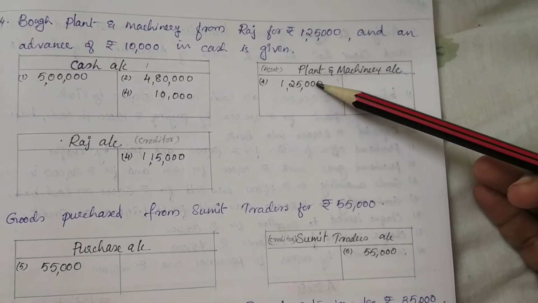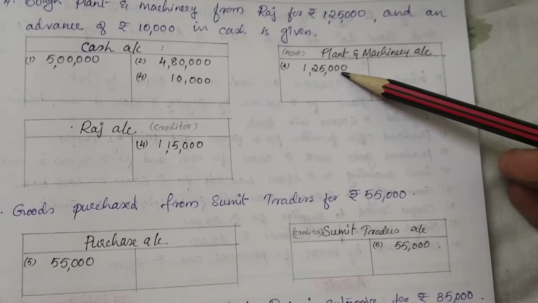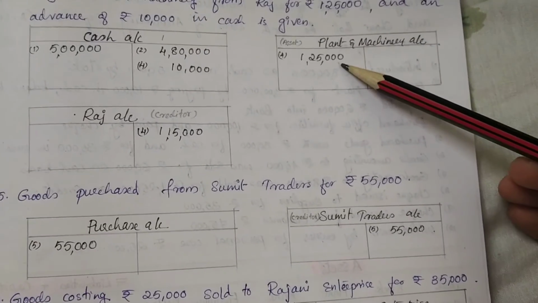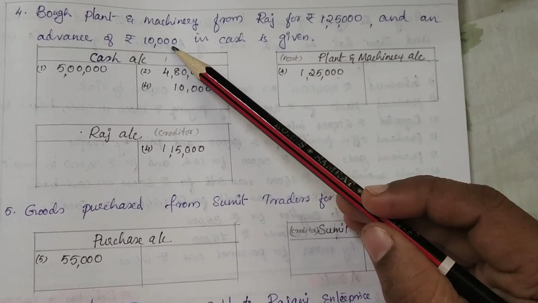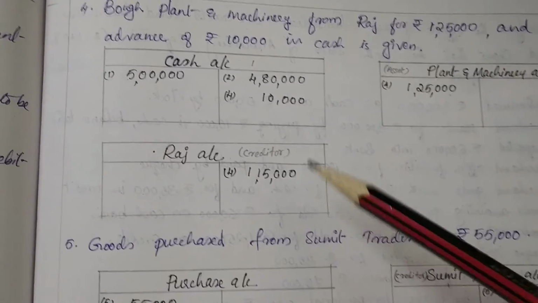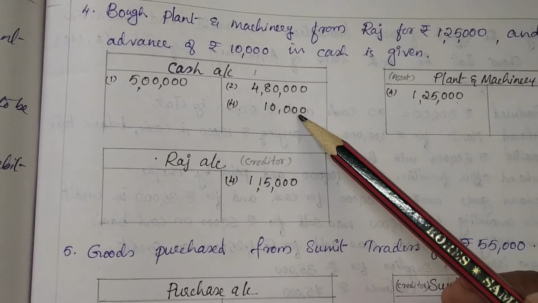It is an asset account, so we are debiting 1,25,000 because it is an asset and it is increasing. And we are paying 10,000 in cash, which means cash is decreasing. So in the cash account, we are writing 10,000 on the credit side.